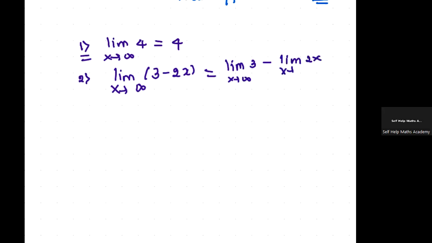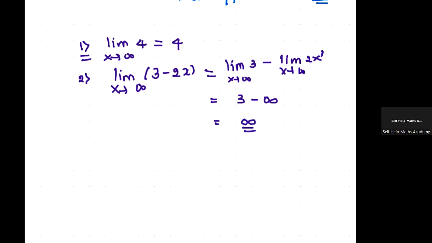And here you can see this is a constant function, so there will be no change. You can write it as it is. Here this is the limit as x is tending to infinity where n is 1, which is greater than 0. So hence this limit will be infinity, as per the second rule. So anything minus infinity will be again minus infinity. So this is the answer.